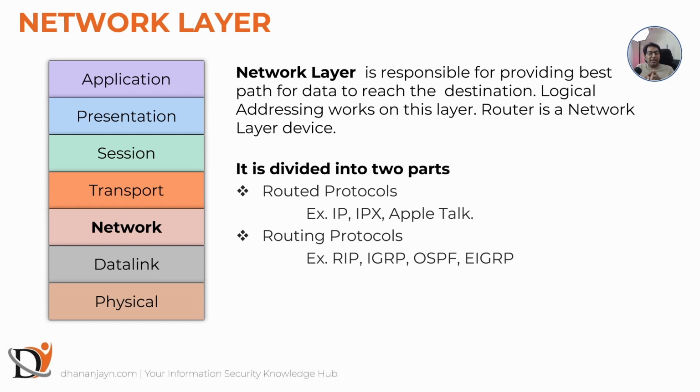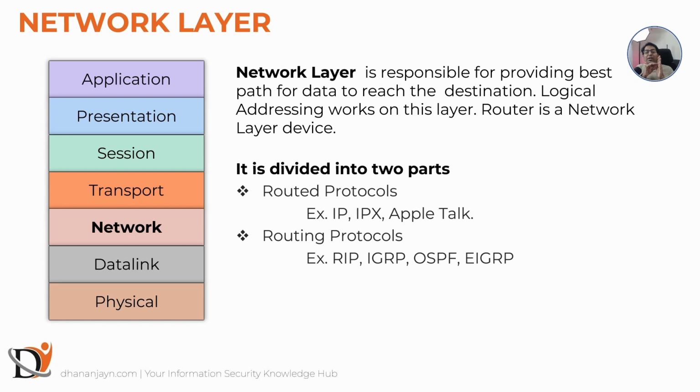So RIP, IGRP, OSPF, EIGRP, these are the routing protocols. And when we talk about routed protocols, HTTP, HTTPS, FTP, these are the routed protocols. So routing protocols establish the path and routed protocols send the data on that established path.